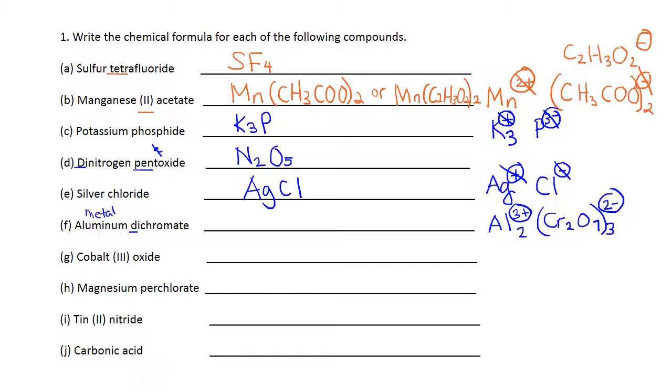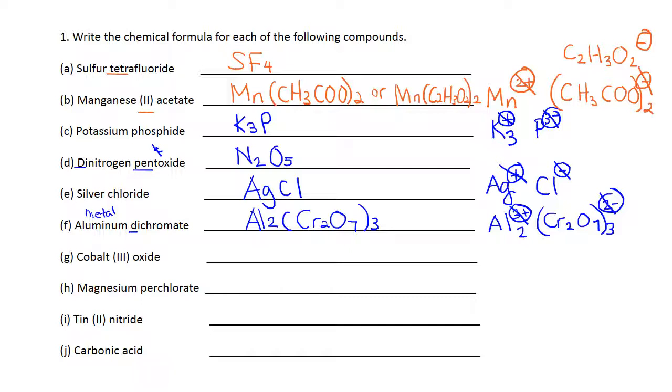You need 3 of them to make it -6. You need 2 of aluminum to make it +6. Okay, then this cancels out. So that's going to give you Al2(Cr2O7)3.